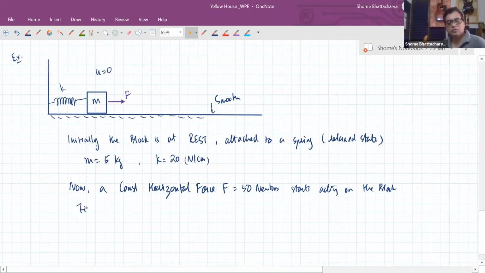So find the acceleration just when F starts to act.